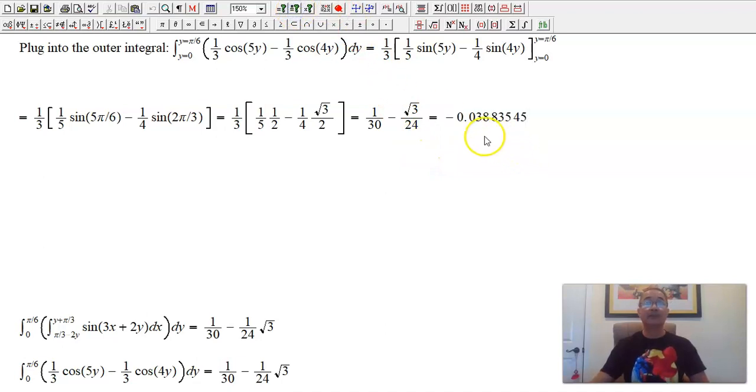It is just slightly negative. Okay, so within that triangle, it is almost above the xy plane with the same volume as below the xy plane. So we can think of it again as a net signed volume, which is almost zero, actually.